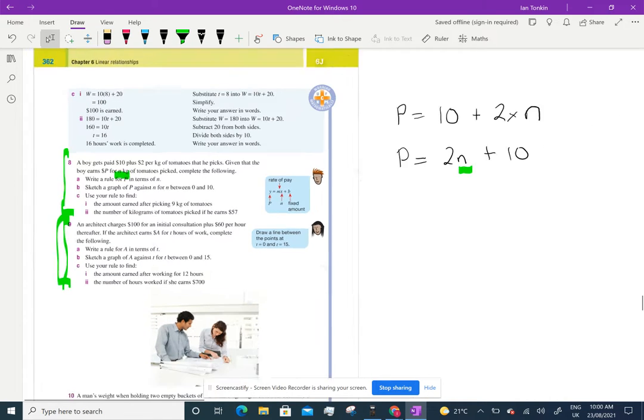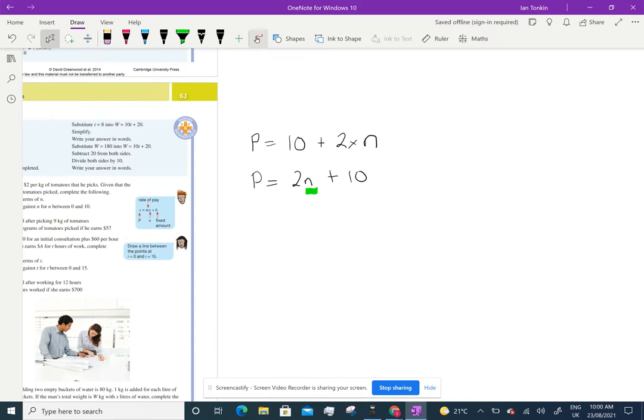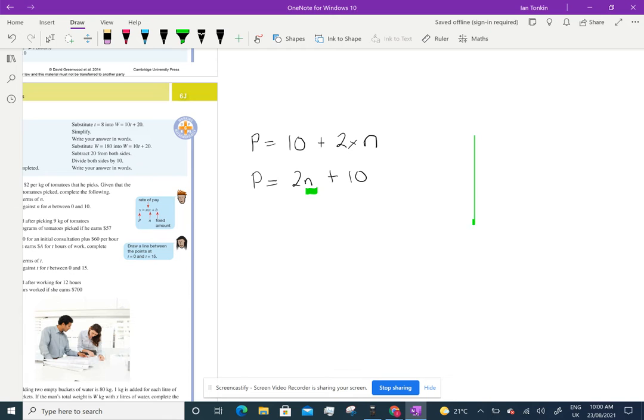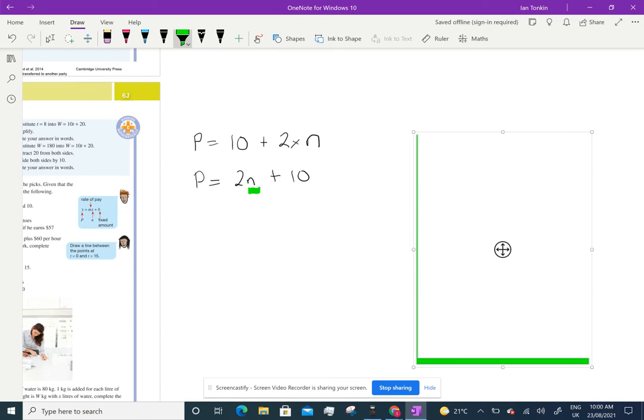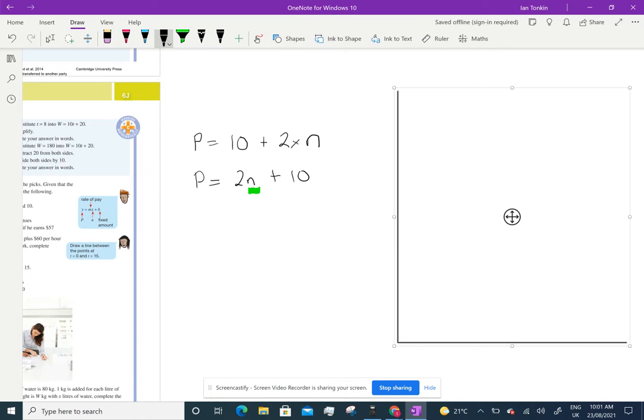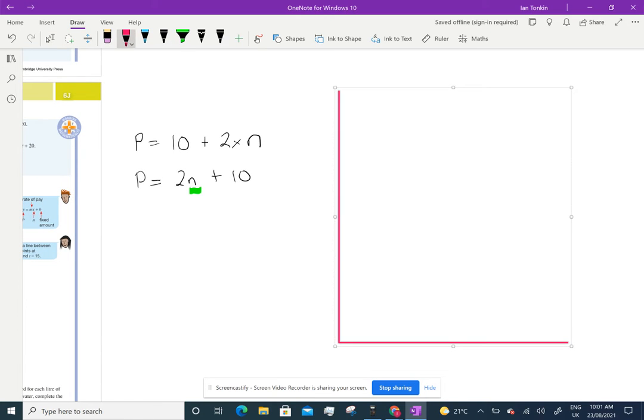Now, this is going to be very hard for me to do, and you need to try and do this as accurately as you can. So I just want the positive axes. It's going to be very hard to sketch this, but I'm going to try.